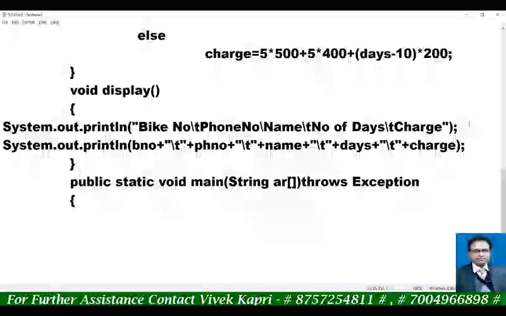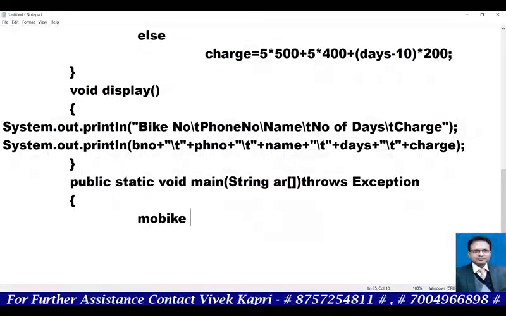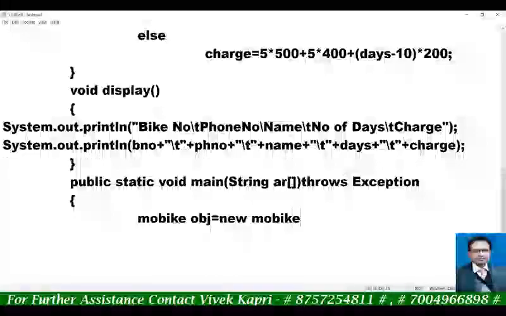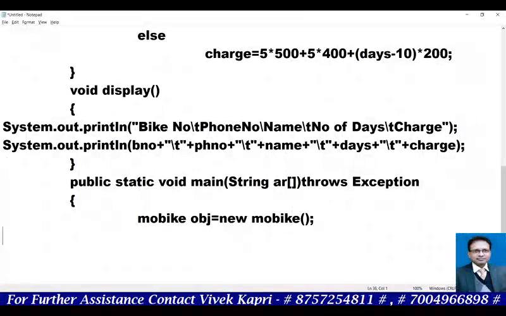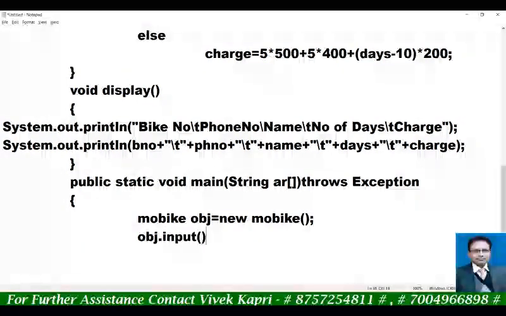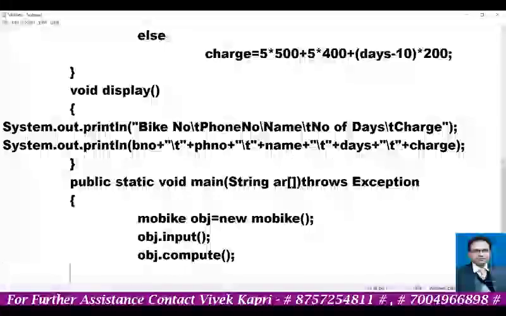Now create the object of Mobike: obj equal to new Mobike. First function is input, so call the input function, obj.input. Second is obj.compute, and the third function is obj.display.